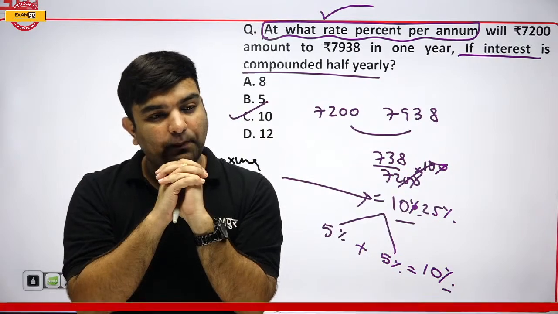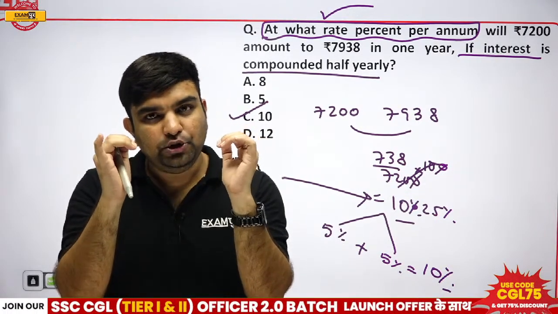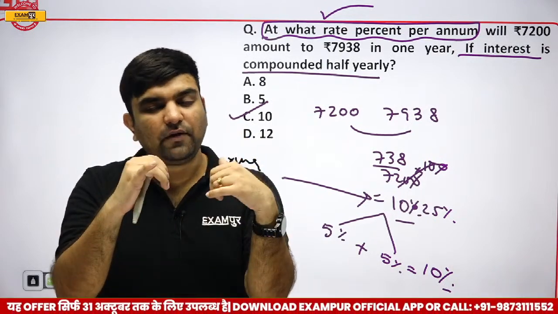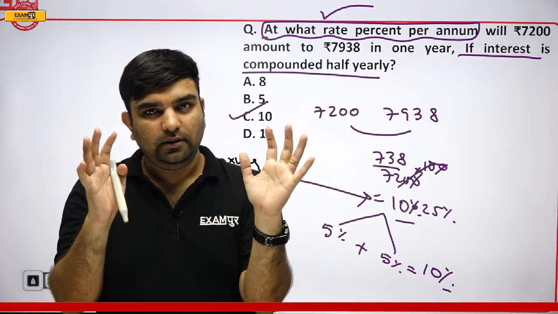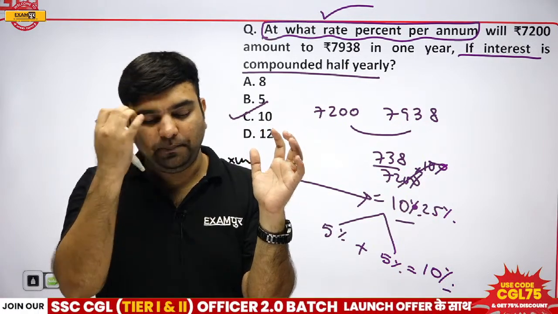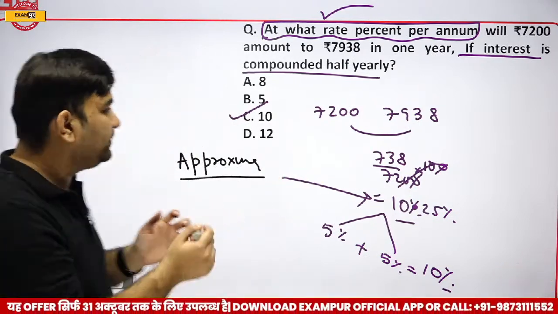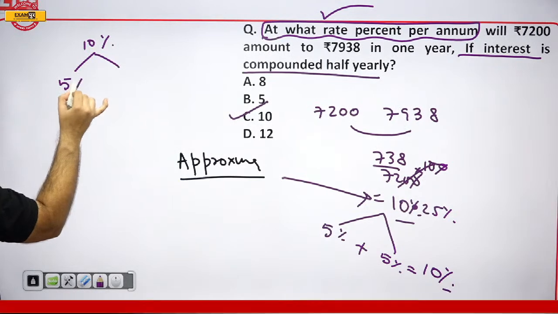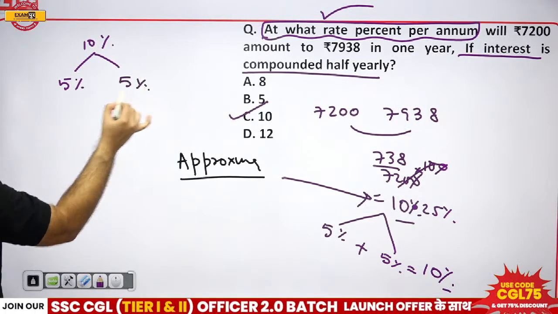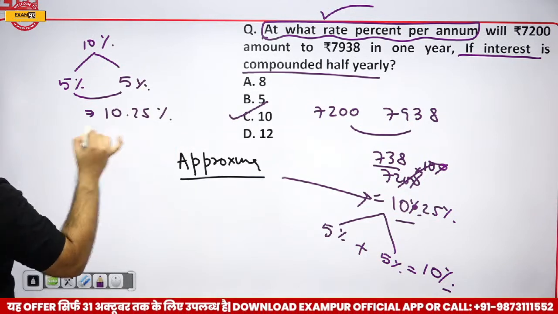Will it double with compounding? No. So it is becoming 10.2% because of compounding power. But effectively, it is 10% per annum. So 10% per annum, when you break into half yearlies of 5 and 5, will give you an effective rate of 10.25%.